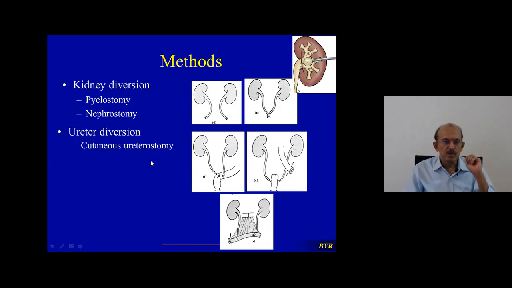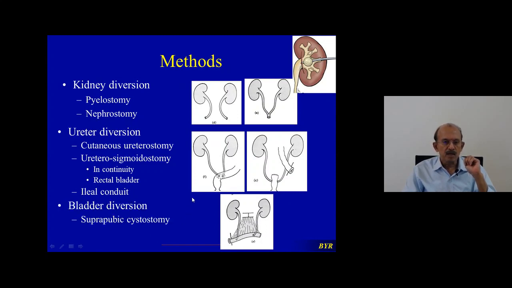So for ureter diversion, you can do a cutaneous ureterostomy, you can do a ureterosigmoidostomy, either in continuity like this or a separate rectal bladder with colostomy. Then you can also make an ileal conduit for delivery of the urine outside through ileostomy.